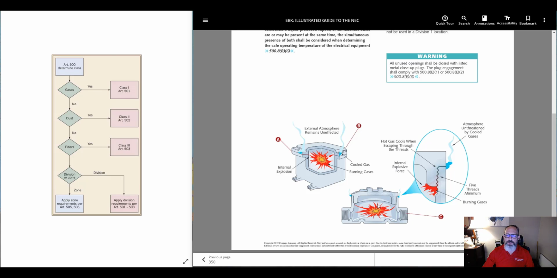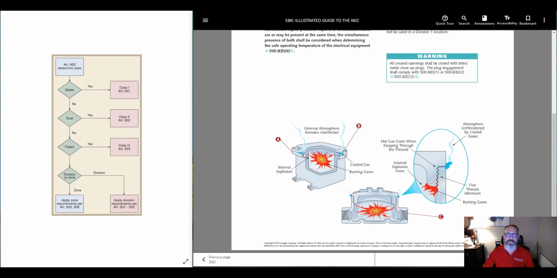And if you contain the arc in the box, there's going to be an expansion of the air. Every time you have an explosion, you're going to expand the air inside the box, and you need to have a way for it to get out. The way this is designed, it's not completely sealed from the inside out. So when there's an expansion, the gases will go through the threads, and the intention is there's enough thread that the gas is cooled by the time it escapes from the box.